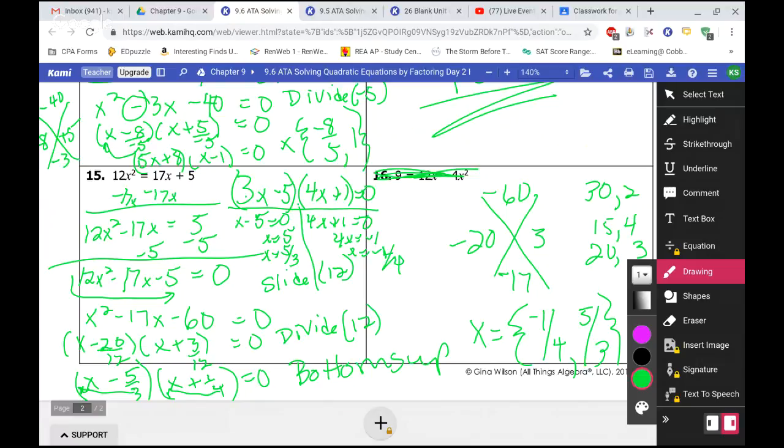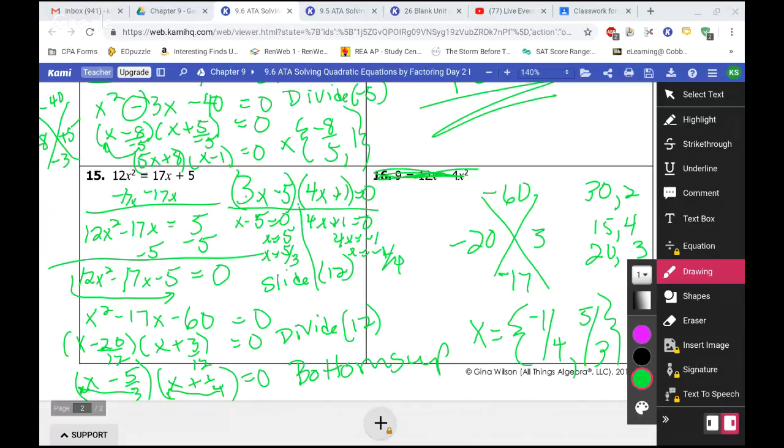Or you can move everything to the right-hand side with your 0 on the left. That doesn't really matter. What's important is that you get it in standard form first, and then you factor, and then you solve each individual factor to find what your solutions are.